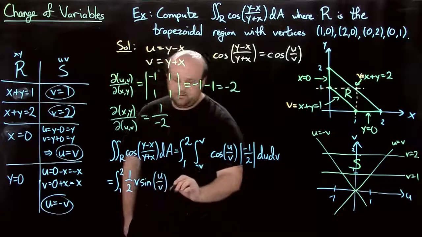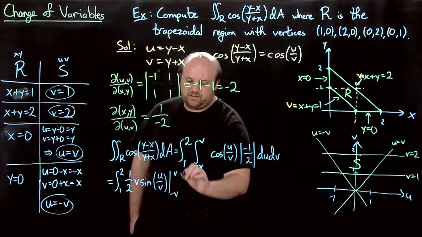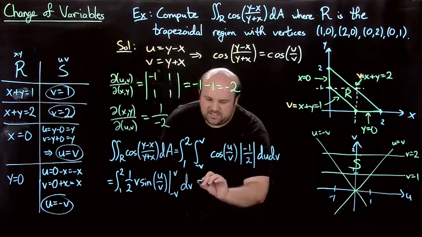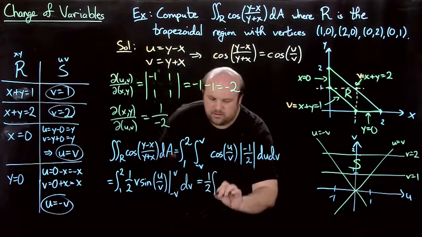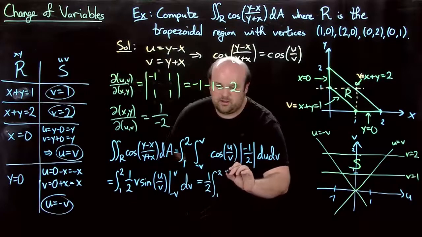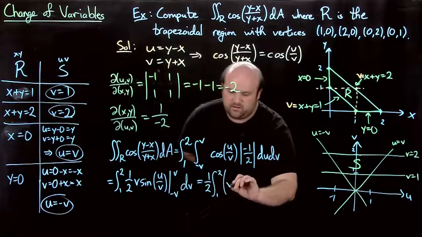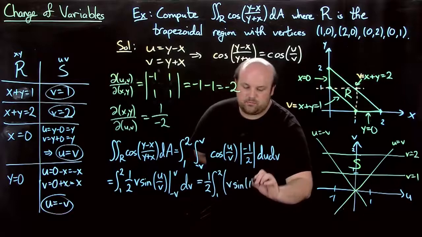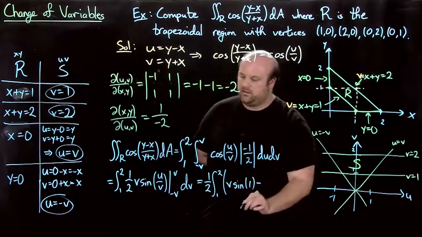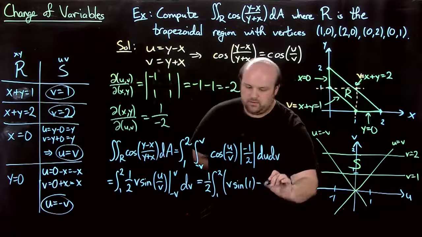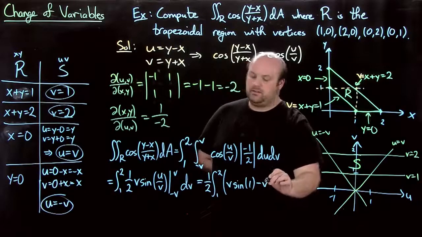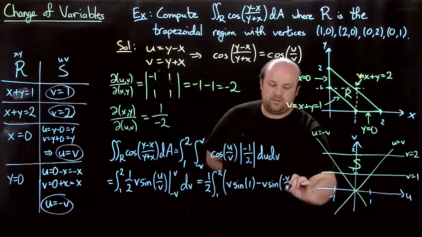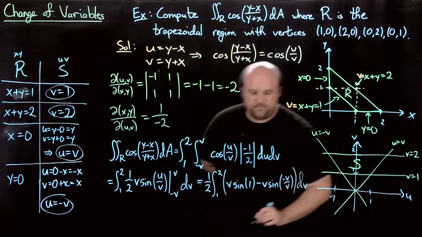This 1/2's here now, from minus v to v, dv. Okay? So I'm going to take that 1/2 all the way out now. Integral from 1 to 2 of v sine of v over v, so 1, minus v sine of negative v over v, dv.